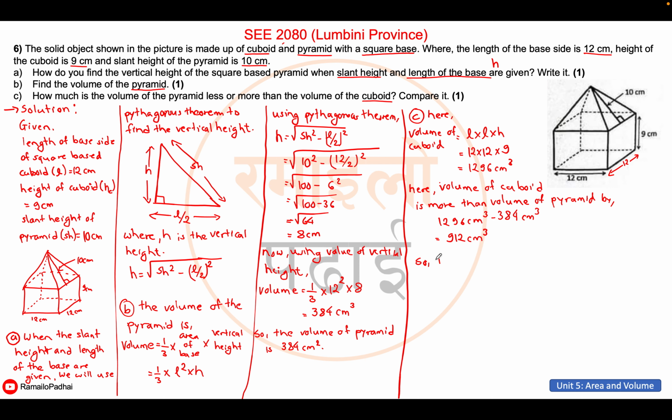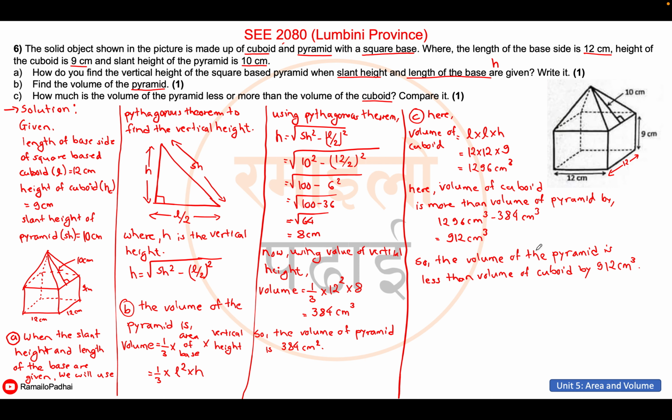So the volume of the pyramid is less than the volume of the cuboid by 912 centimeter cube.